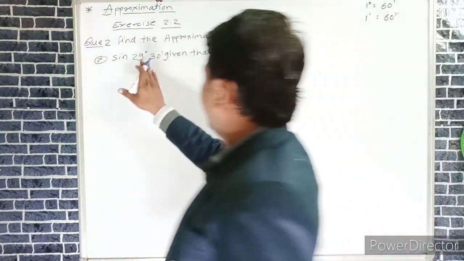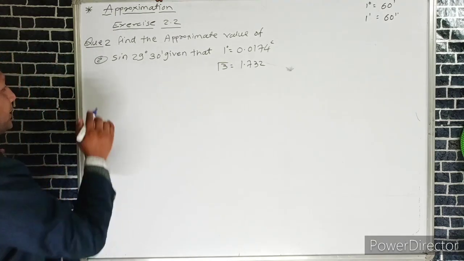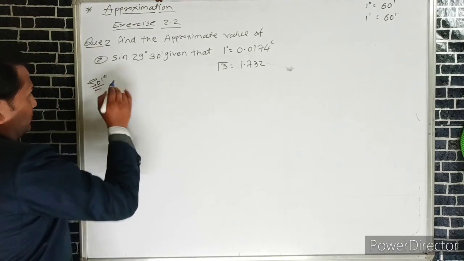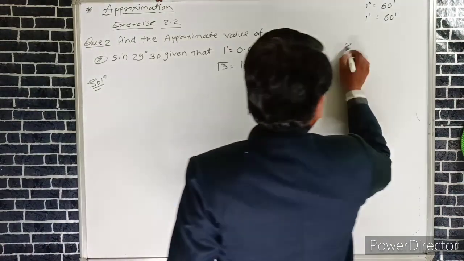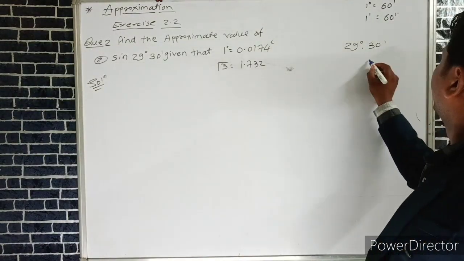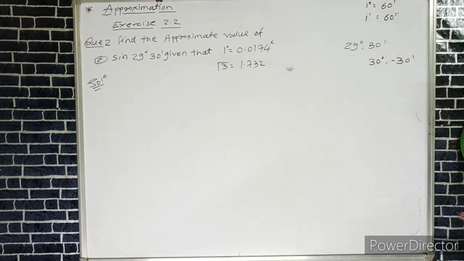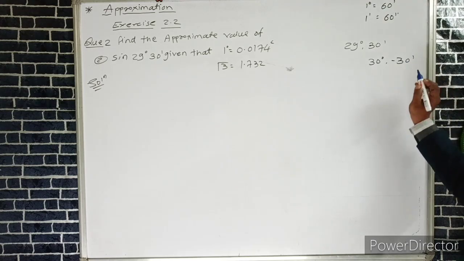So from here we can write 29 degree 30 minutes as 30 degree minus 30 minutes.